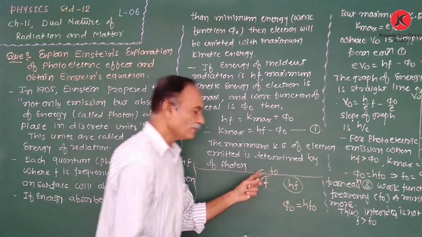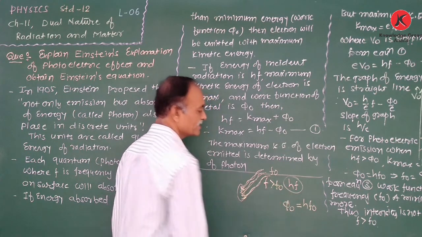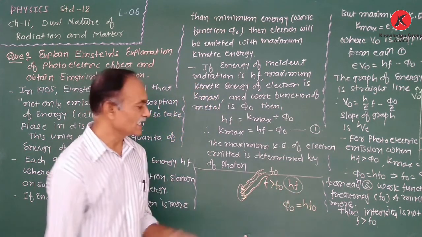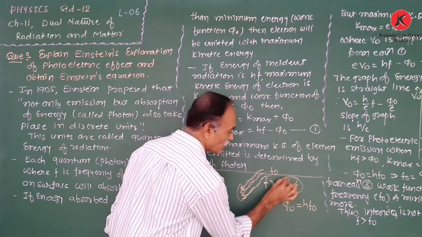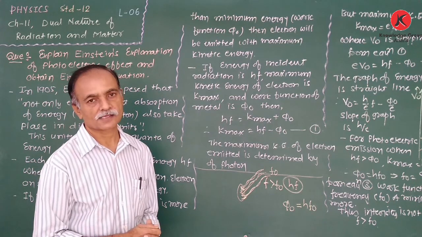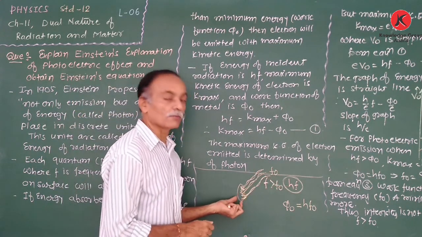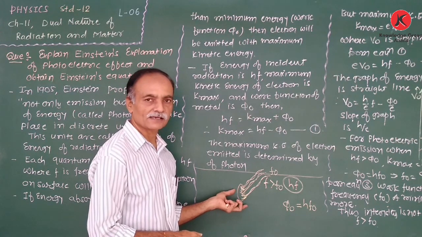Now, a wave having frequency greater than f0 is incident on a metallic surface. Therefore, hf amount of energy is incident on the surface. This energy is absorbed by the electron on the surface of the metal.